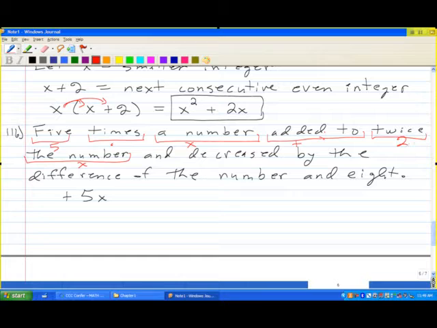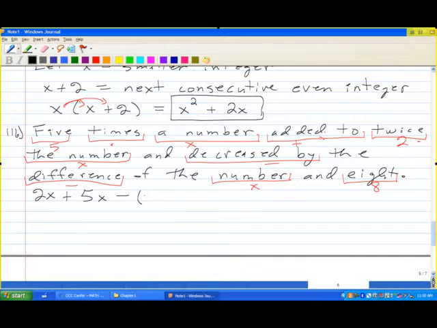So that means 2 times the number. And then decreased by, that's a minus, the difference of what? The number and 8. So I'm going to have to decrease it by the difference of the number and 8.